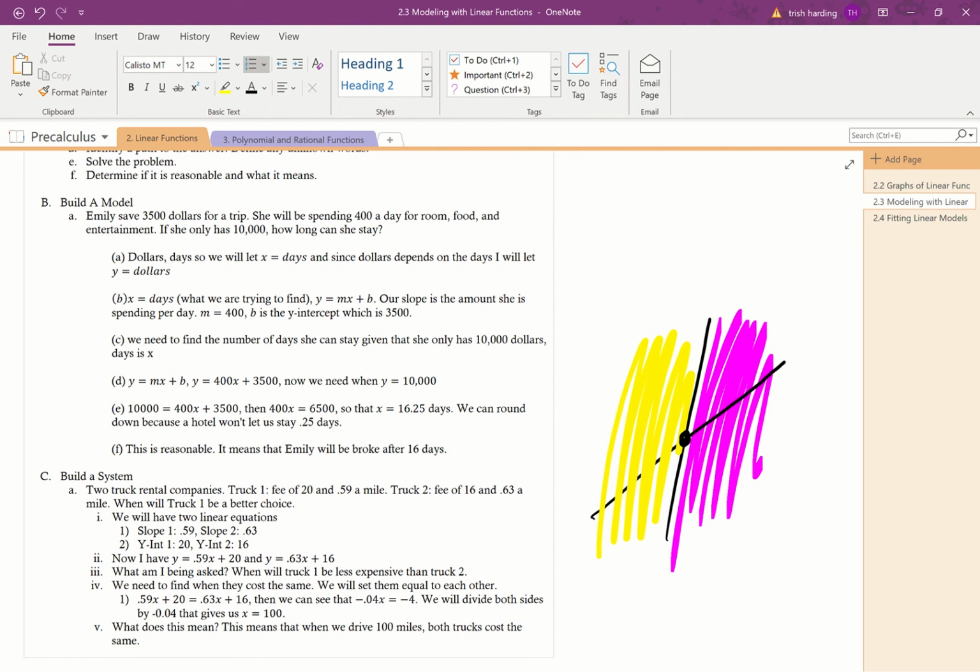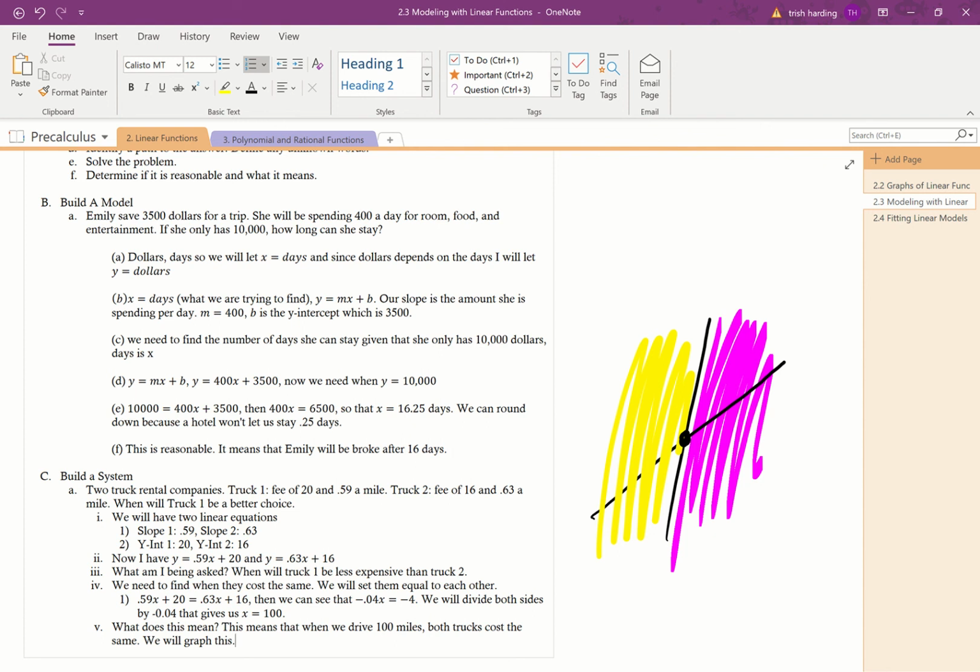So we're going to want where truck 1 is cheaper than truck 2. And that will be, let me see. We will graph this.